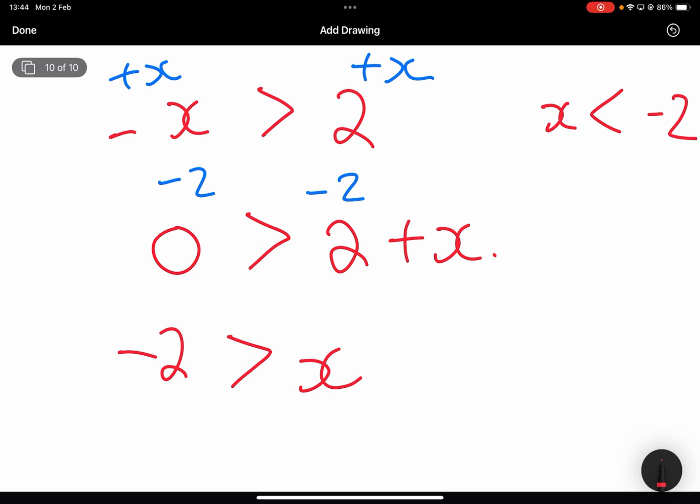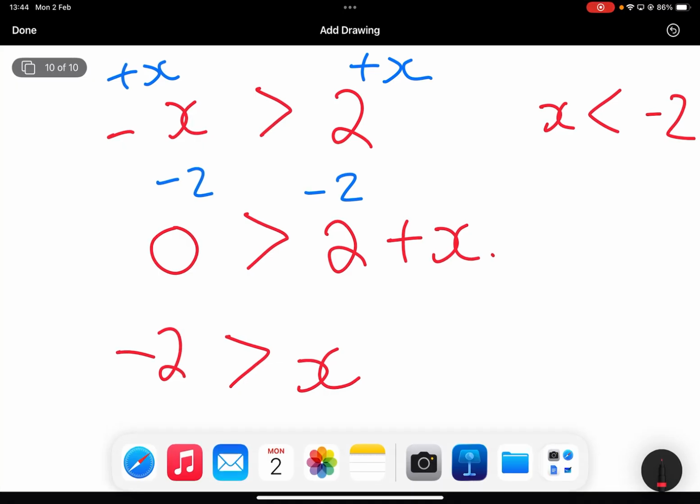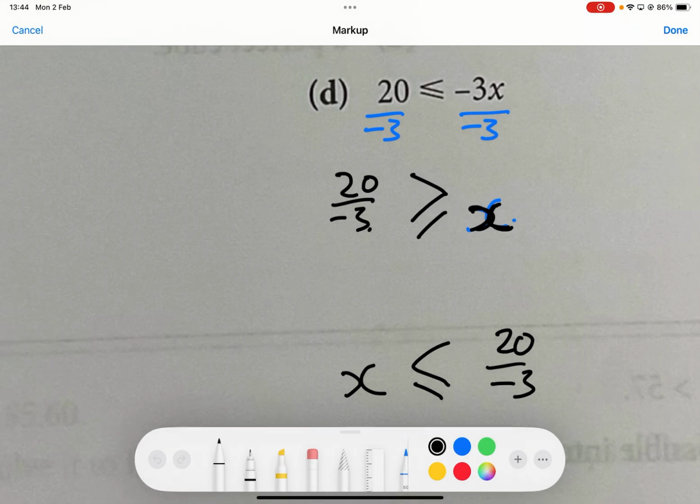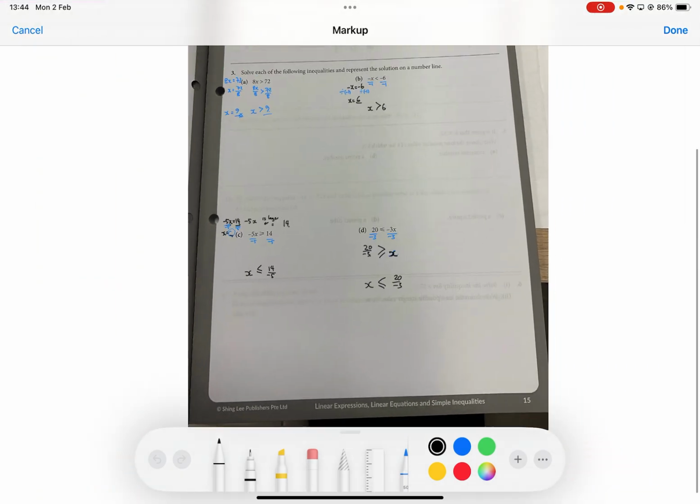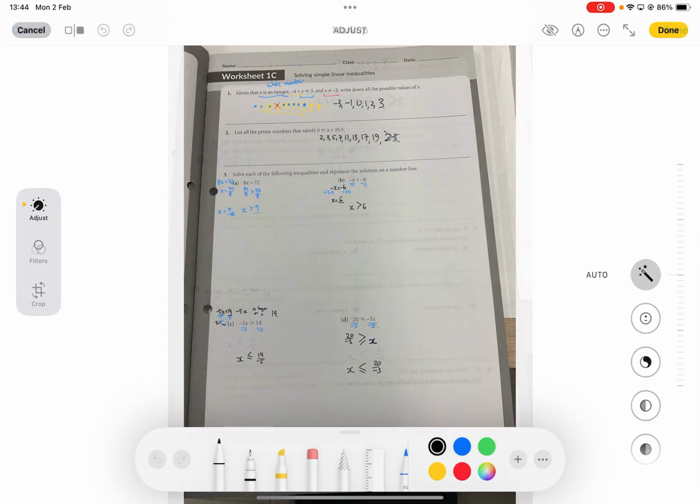Because if I don't go by multiplication of a negative number, when I just move it by adding, by subtracting, I will get x smaller than negative 2. So if I don't change, I'm wrong already. Or you all just remember, when I multiply or divide a negative number, I must change the side of the inequality. Okay, we look at one more question.